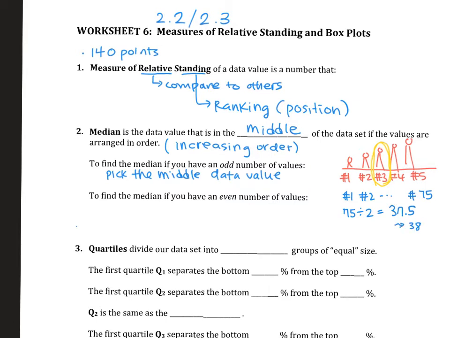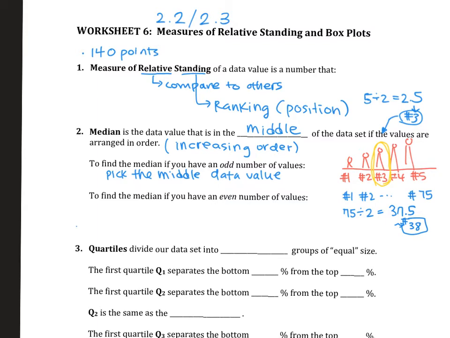That means I'm going to look at ranking number 38. So if I happen to have 75 people, I take the person ranked number 38, and that person's height will be the median. Same here, in our original example, I knew it was going to be number 3. If I were to do it in a more systematic way, we have 5 people, so it's 5 divided by 2, because I'm splitting it in half. That gives me 2.5. So I round up to the number 3, and that's where we looked.